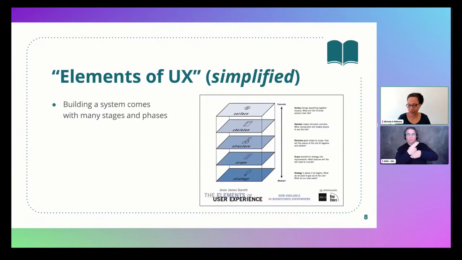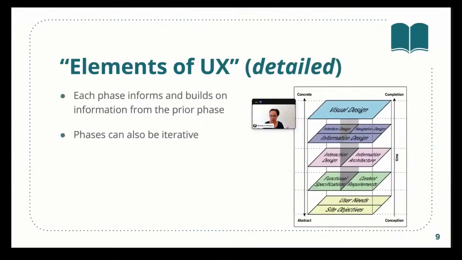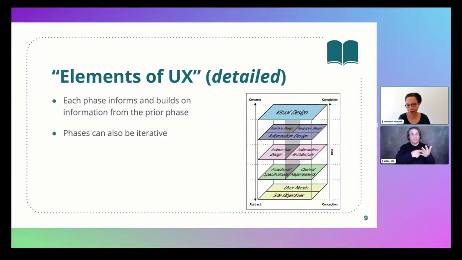Now, these phases come iteratively, and on the next slide, I have the more detailed version that shows these phases, whether for web design or software design, but they do build on each other. Now, they can be cyclical and you can revisit each one, but keep in mind that there are various stages that go into the making of something, whether it's a hardware device, a software application, a website, etc. Well, if there are various stages, user research should be part of each of those stages.